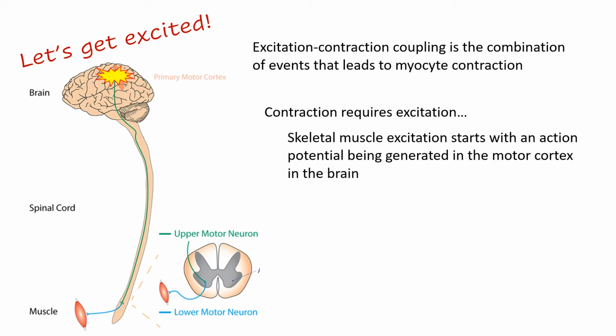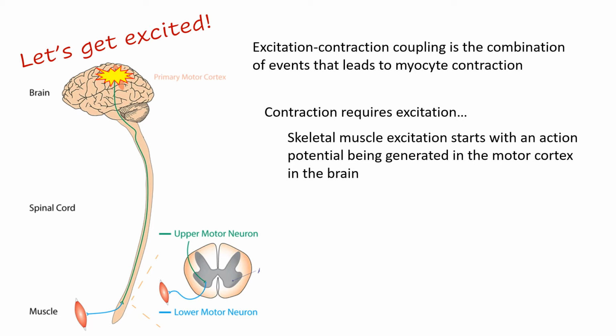Skeletal muscle excitation starts up in the primary motor cortex in the brain, that slice alongside the sensory cortex. Obviously, this is an efferent pathway because it's coming out. Remember, we said all motor neurons are efferent.